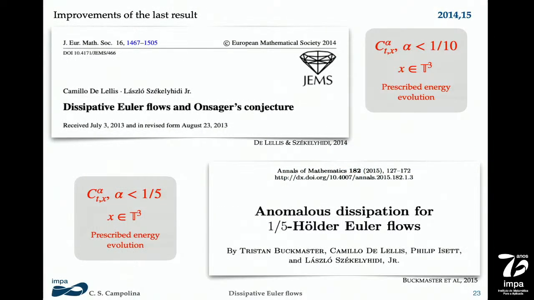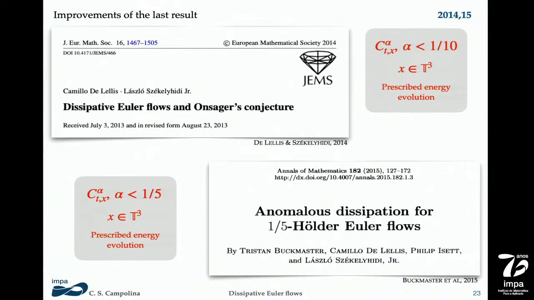Later, we have improvements of this last result. So it's essentially the same technique and the same building blocks, Beltrami flows, but with more machinery from PDE. And they can prove that the procedure, with slight differences, converges in C alpha with alpha less than 1/10.